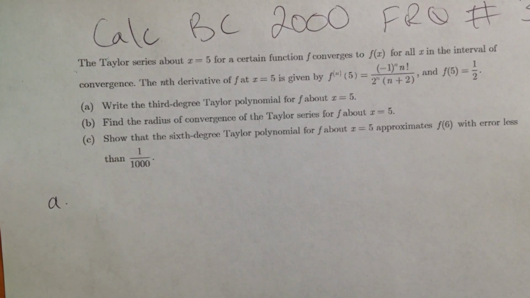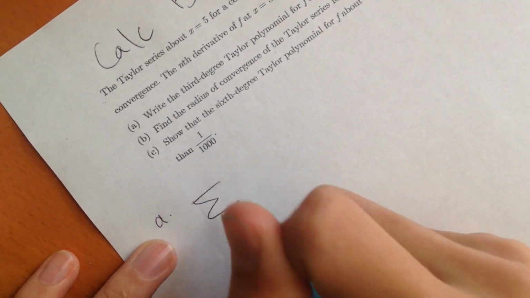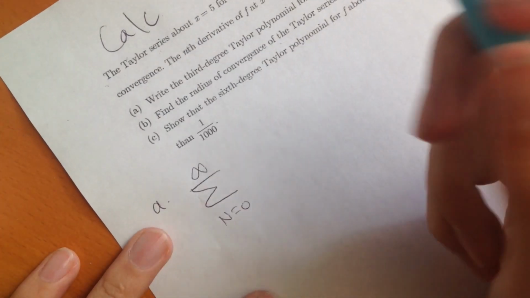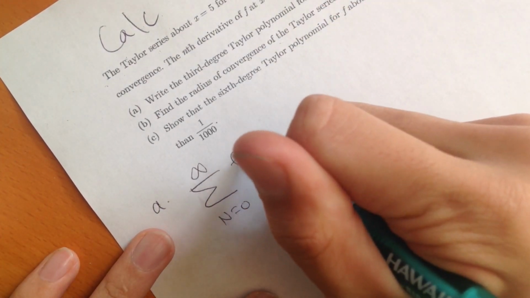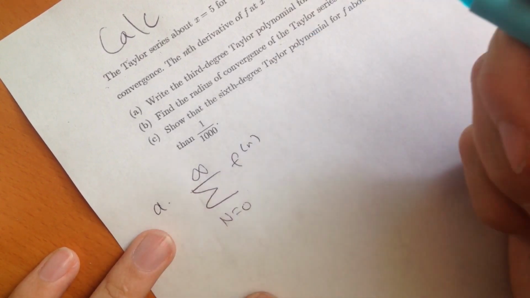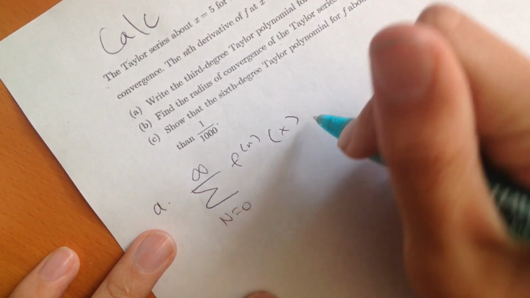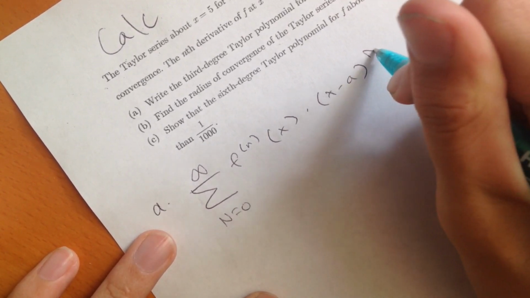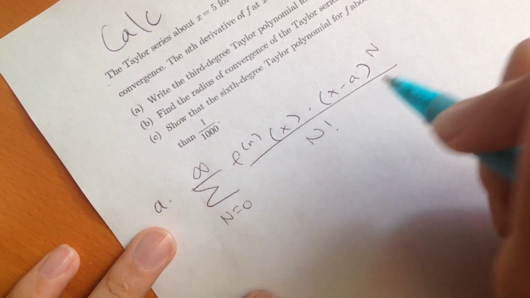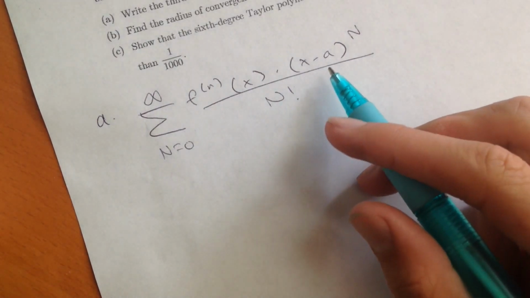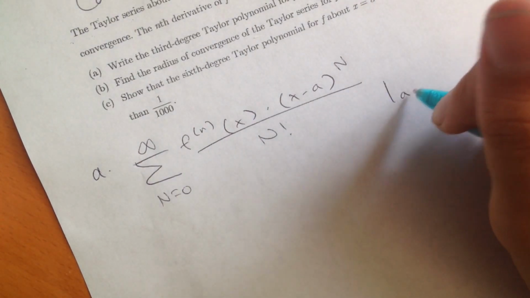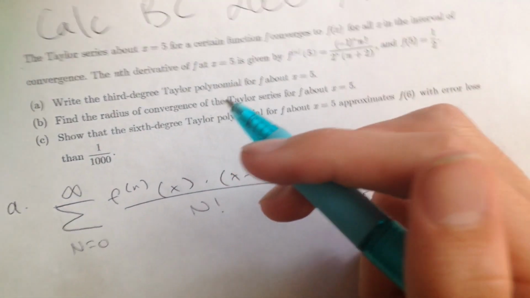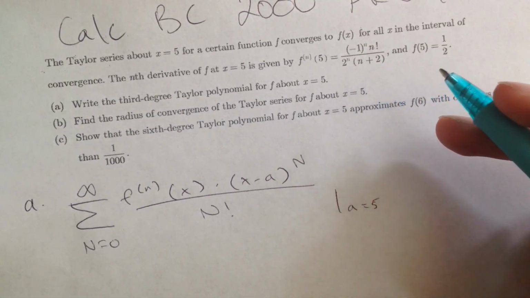So we should remember that the formula for a Taylor polynomial is going to be the nth derivative of f at a times x minus a to the n all over n factorial. So a is going to be equal to 5, and we have f to the n of x from the problem, which is right here.